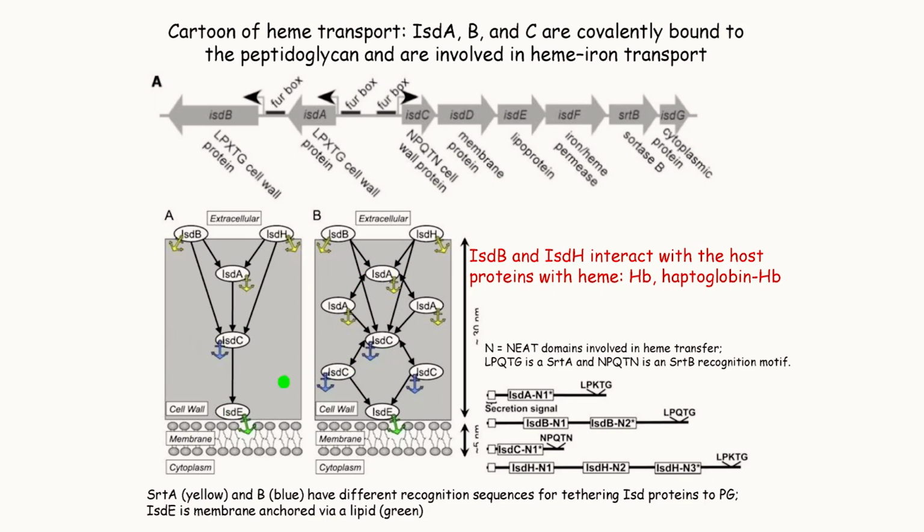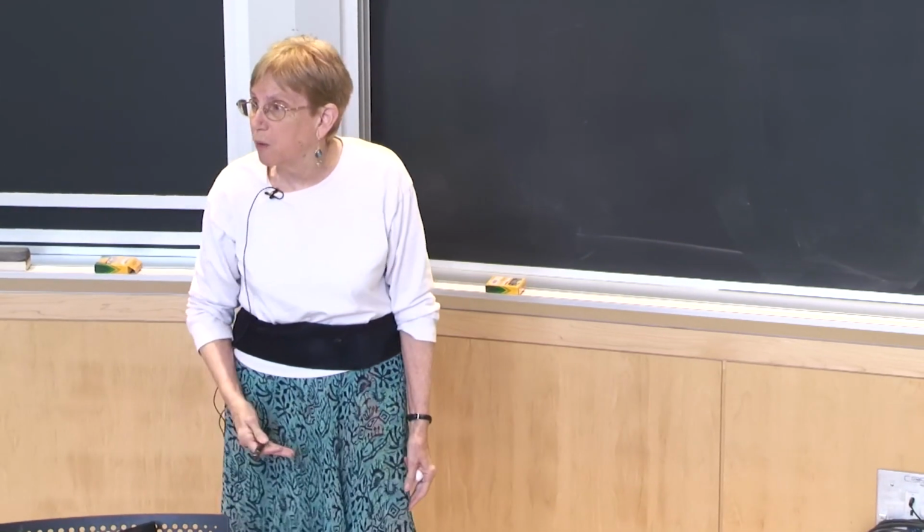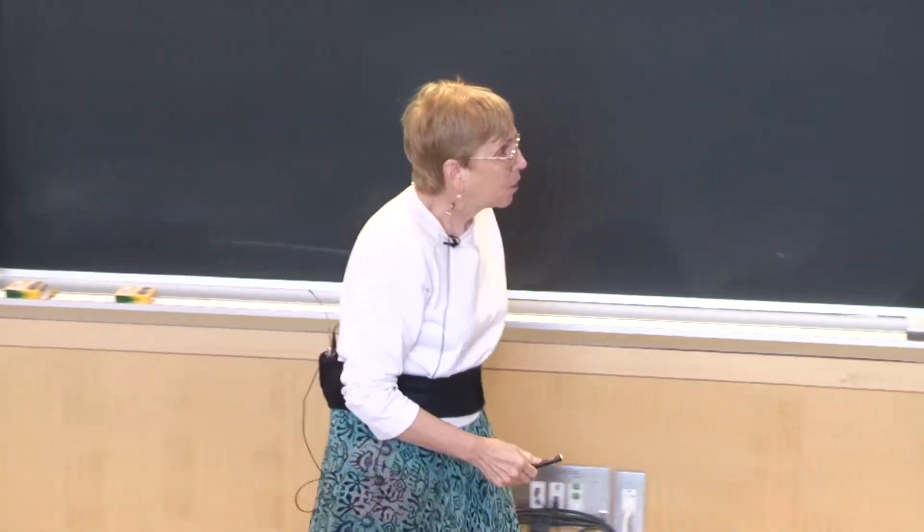The blue in IsdC has its own sortase B. And IsdE is not attached covalently to the peptidoglycan, but is attached covalently to a lipid, which is then inserted into the membrane, which is the other strategy used in these systems.